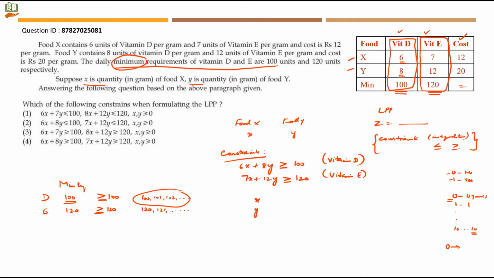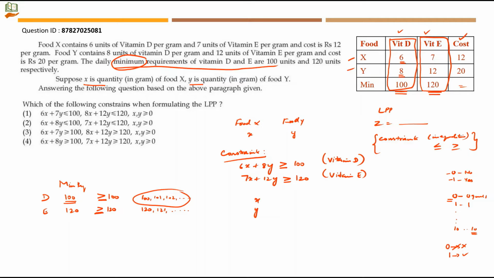If we say 0, you are not going to take food x. If we say 1, you are going to take 1 unit of food x. So in that way, you can either take the food or leave the food. In the sense, sometimes you will have only food y. You will have the requirement of 100 and 120, which means it's more than enough.